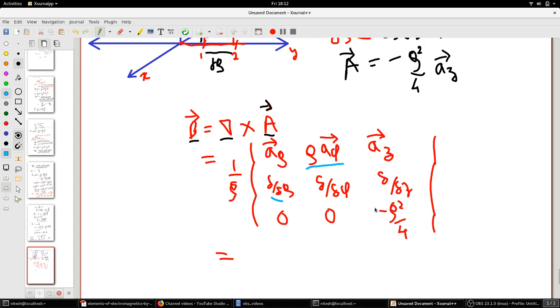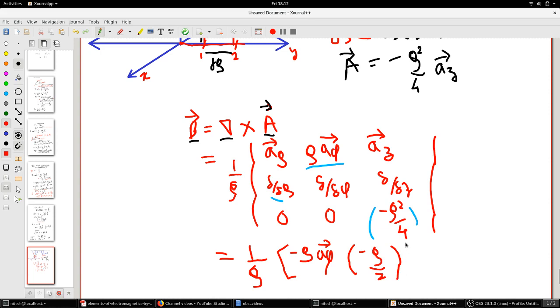So what I'll get here is 1 upon rho into rho a phi, minus rho a phi into the partial derivative of this, which will be minus rho upon 2.